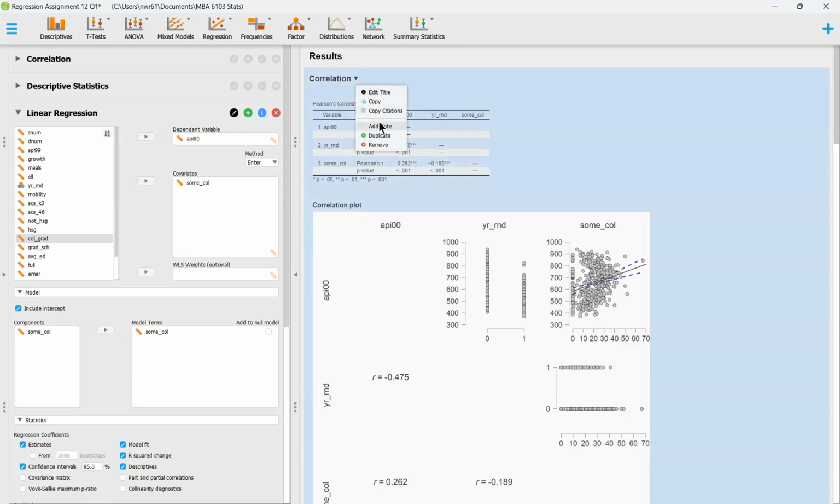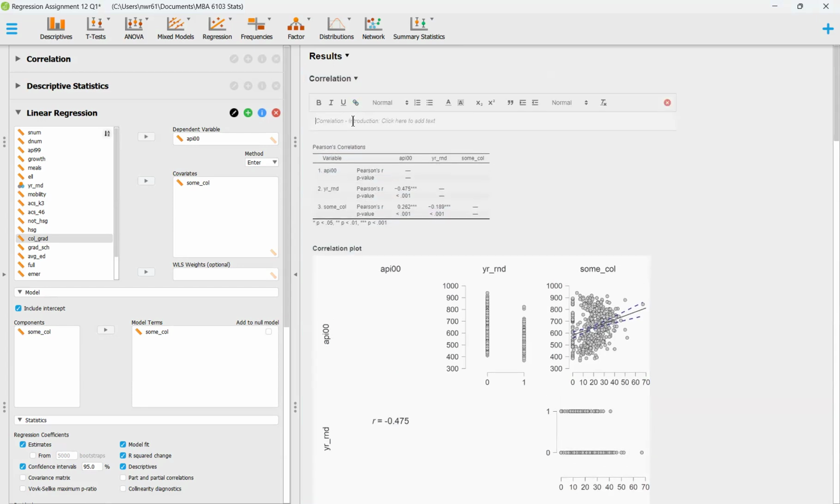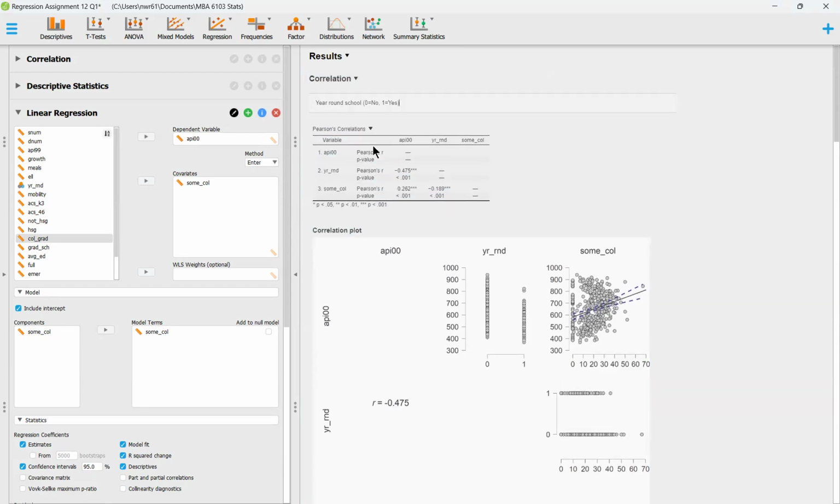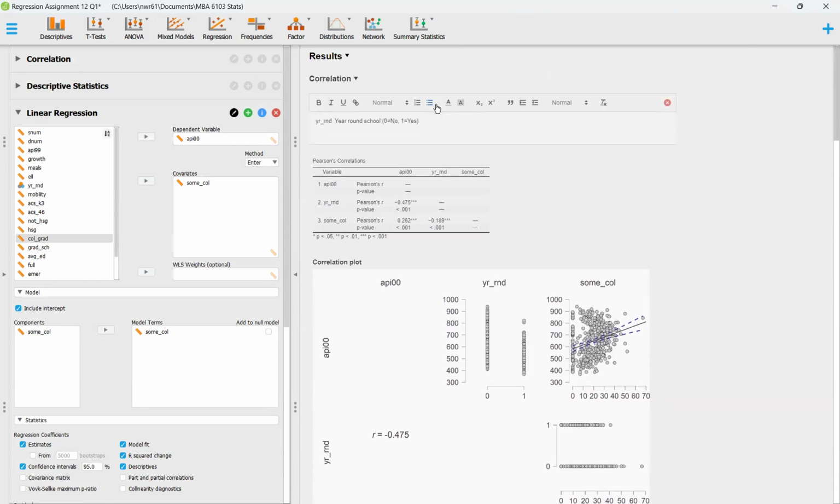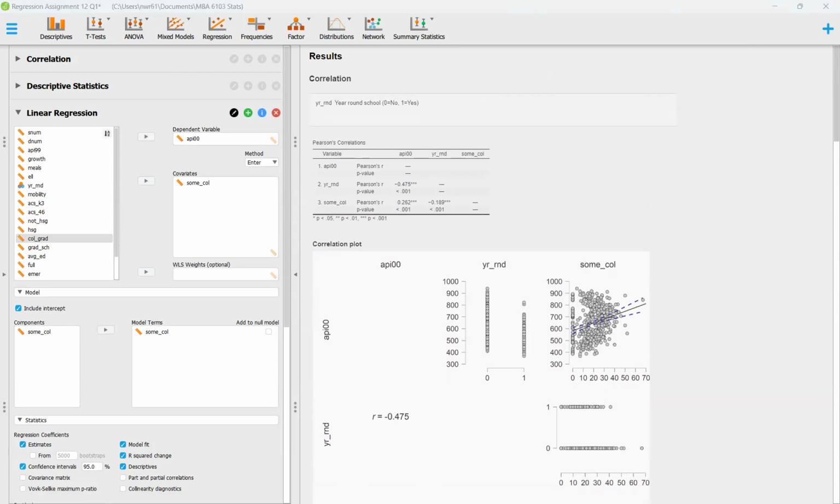For my sake, I'm just going to add the note that year round. Let's also add this too. And then the some college column is the percentage of parents whose highest education level is some college.